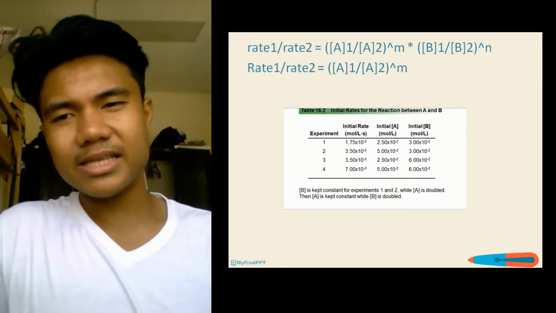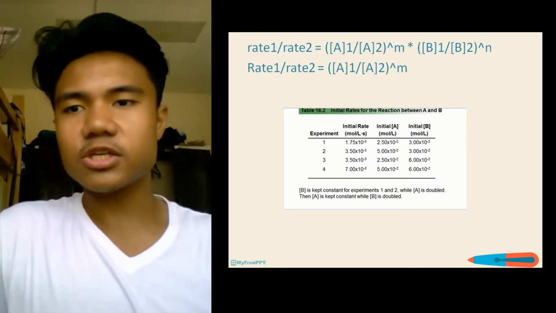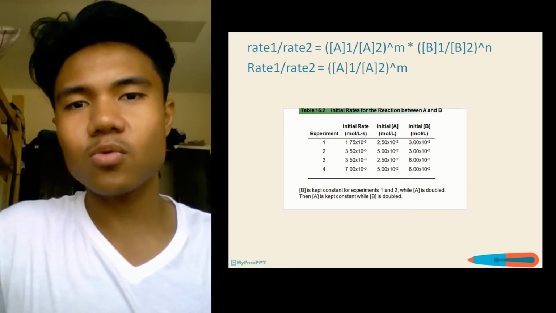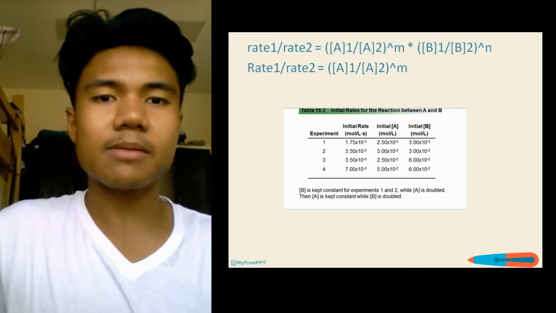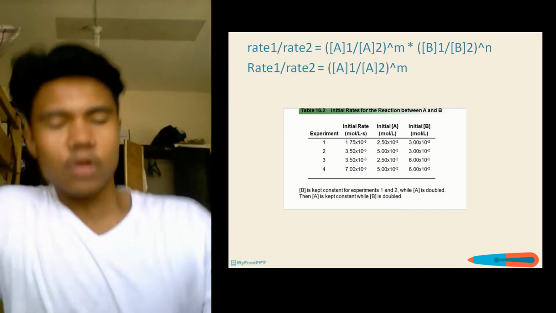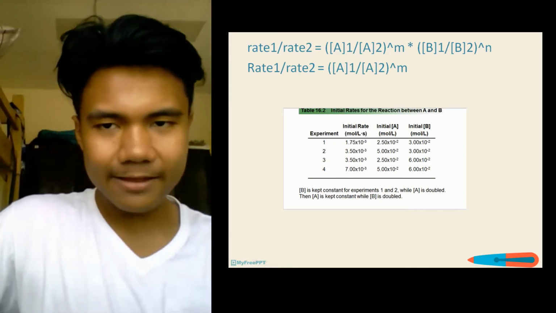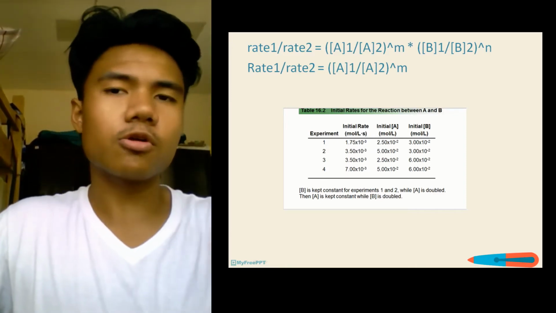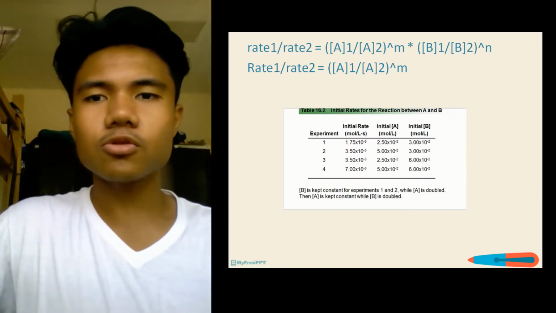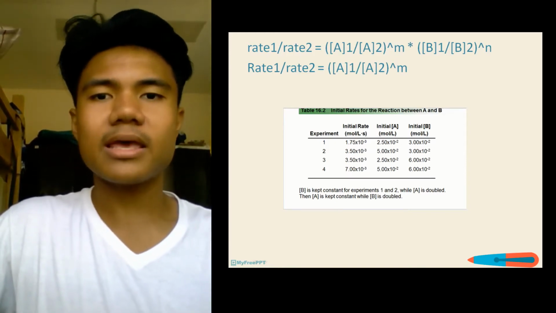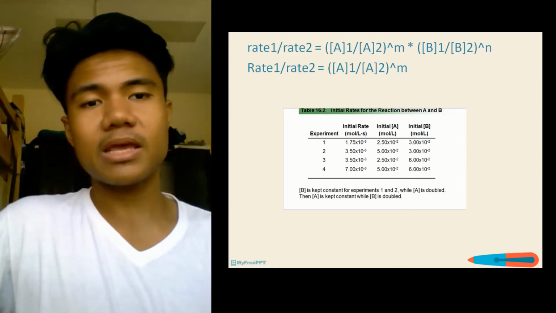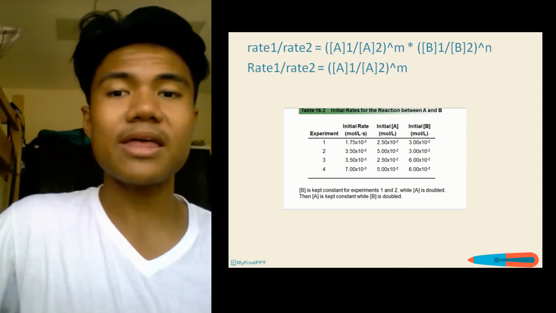What we just did is, the first equation is rate 1 is equal to A1 raised to m times B1 raised to n. And we divided that with another rate law equation. So rate 2 is equal to A2 raised to m times B2 raised to n.